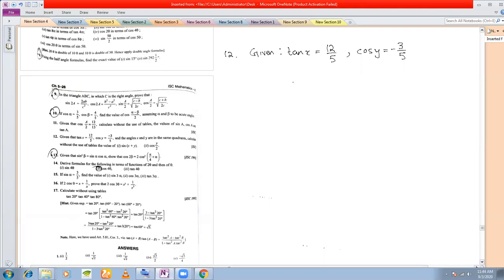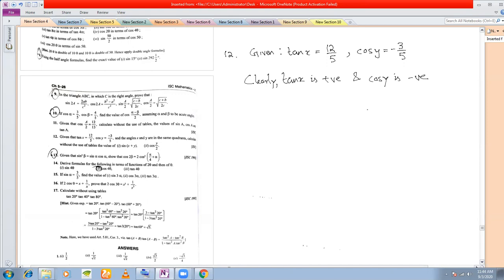Okay. Now clearly tan x is positive and cos y is negative. In which quadrant? Can you tell me in which quadrant tan x is positive and cos y is negative?